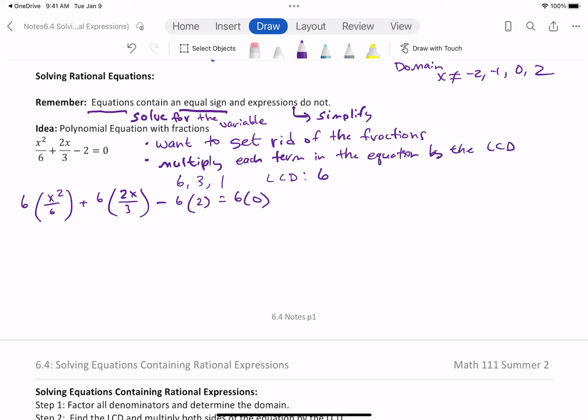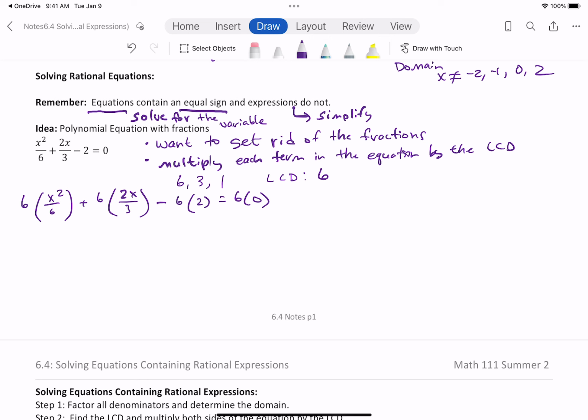If you've ever had me before, you know I call this my nobody likes to be left out property. We can't just pick and choose which one of the terms we want to multiply by 6. We have to multiply every term in the equation by the LCD.